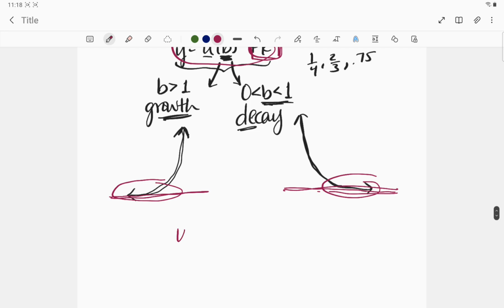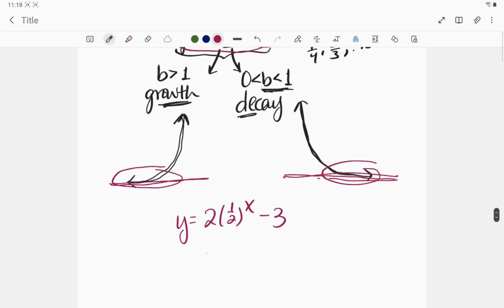So if I had a function like y equals 2 times 1/2 to the x minus 3, I know this is a decay function. How do I know that? I know that because the base, the number being raised to the exponent, is smaller than 1. 1/2 is smaller than 1. So this 2 out front here, in terms of deciding growth or decay, it doesn't matter at all.